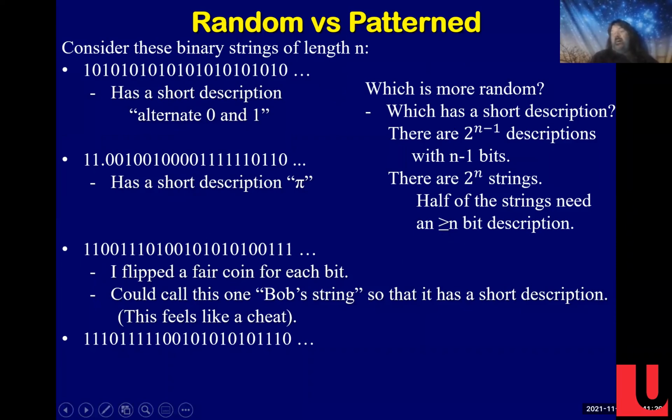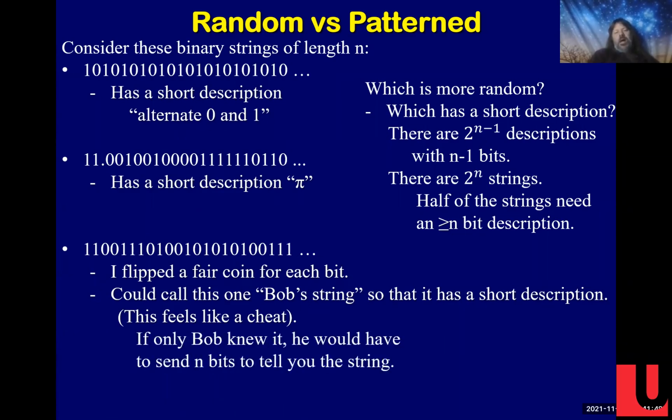If I chose this string randomly, then with probability a half, it's going to need at least n bits to describe it. So to say that this one is called Bob's string is a bit of a cheat.